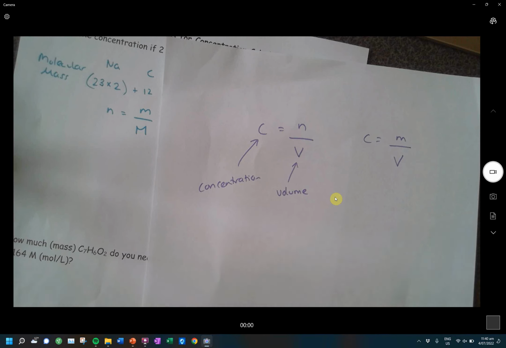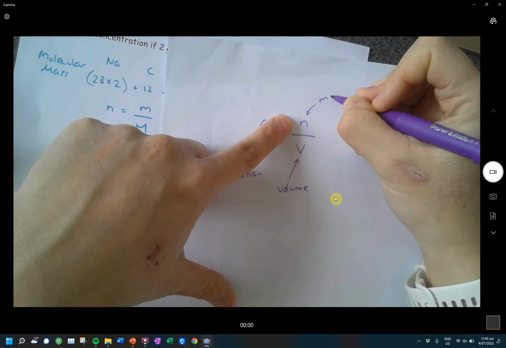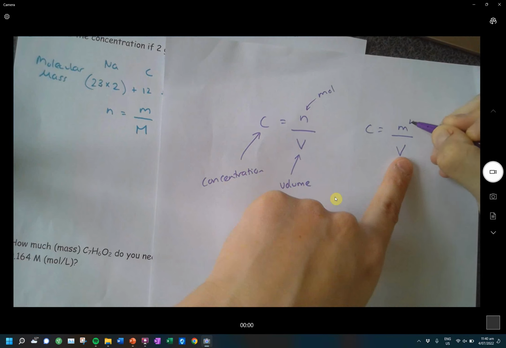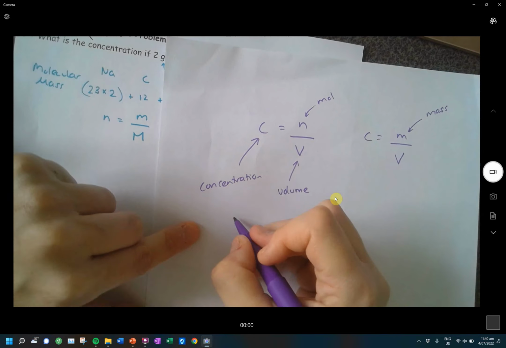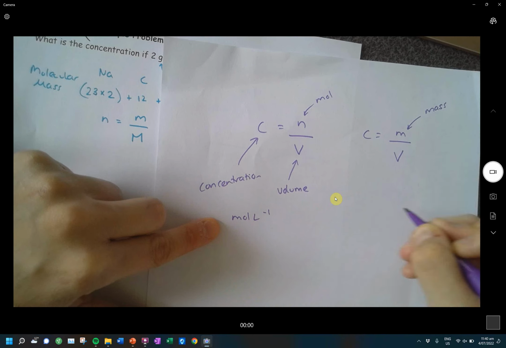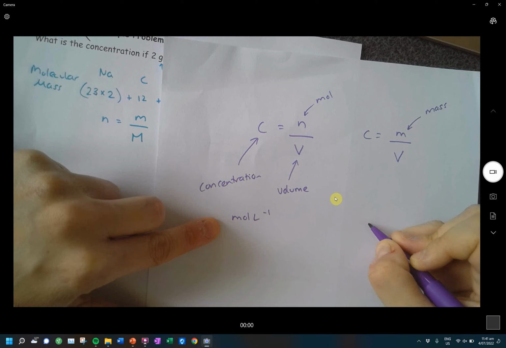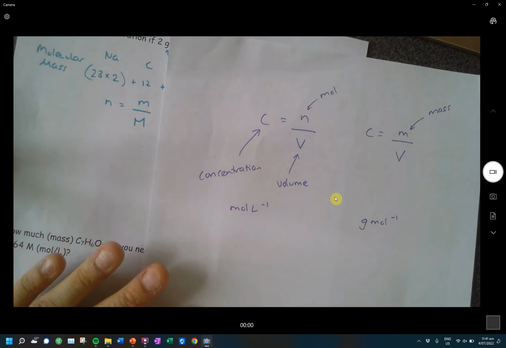All right, there's two different types of concentration we might be referring to. In this case, that one is moles, and this one with the little m is referring to mass. So you might see concentration being referred to as moles per liter. In this example, it would be grams per liter. Both of those are types of concentration.